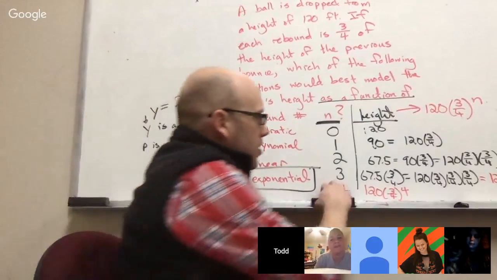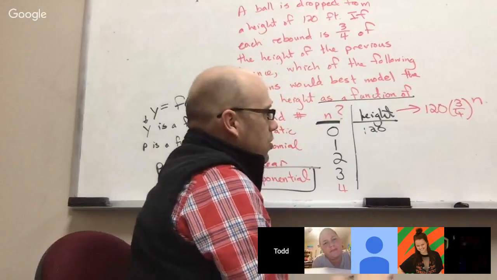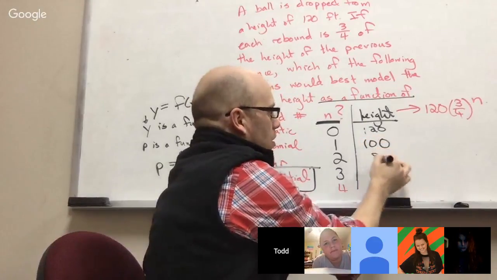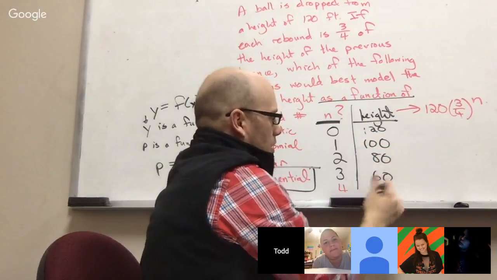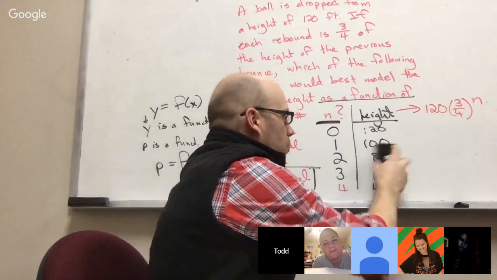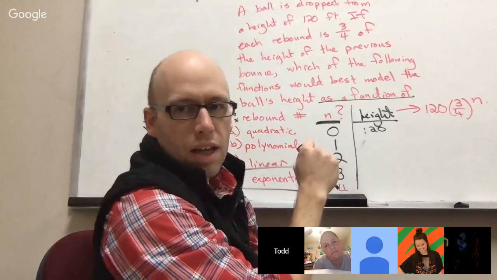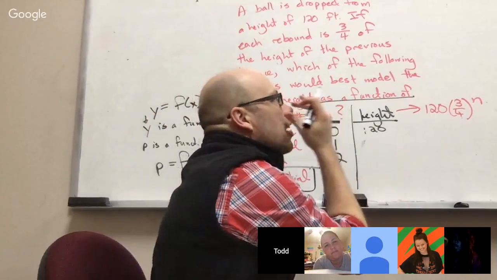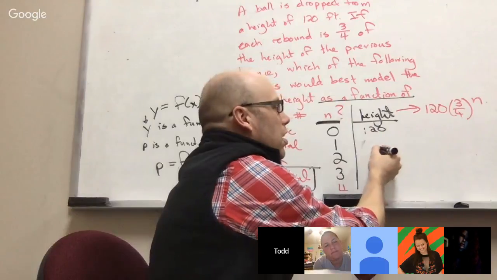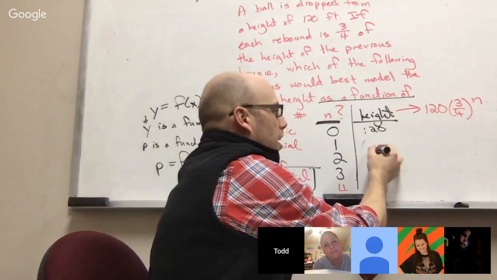What you'd expect to see in a sequence of quadratic is something like this. A linear function, you might see something like this, where it's a constant rate of change. For quadratic, you would expect to see something like this. Sorry, I have to think it through a little bit.